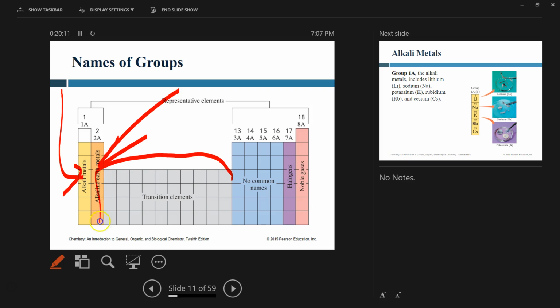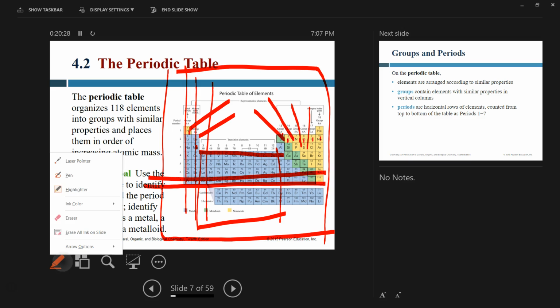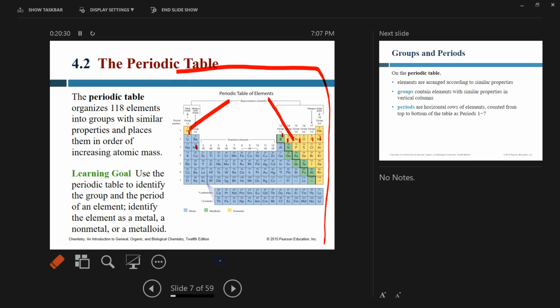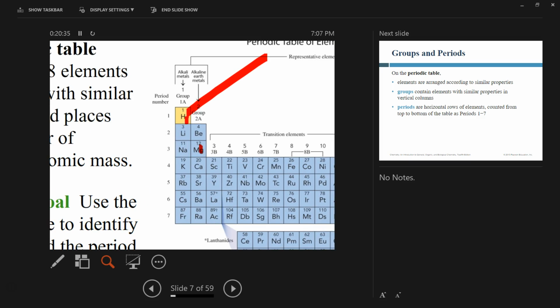Now, this huge chunk of elements in the center are called transition elements, sometimes transition metals. If you would look at the periodic table in your textbooks or slides, or I can show it to you here, you may notice that among these metals are very many that you may have heard about, like chromium, Cr, manganese, Mn, molybdenum, Mo, zirconium, Zr, titanium, Ti.